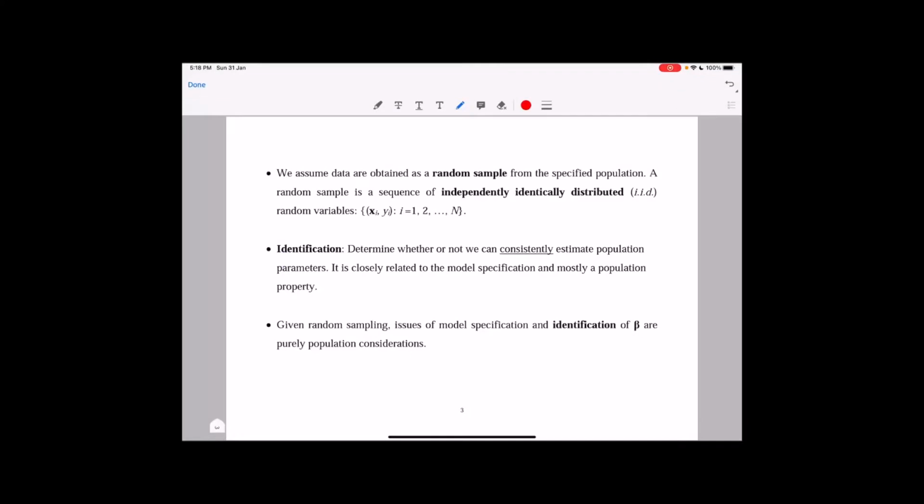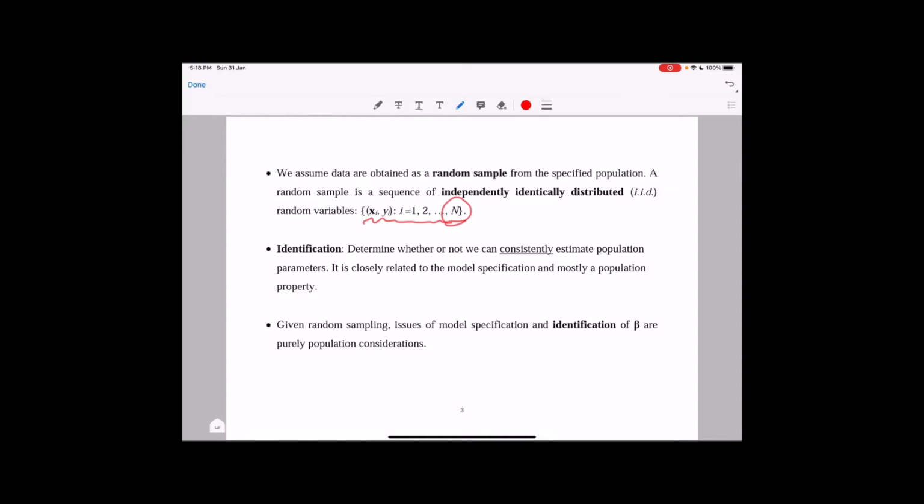We assume data are obtained as a random sample from the specified population. A random sample is a sequence of independently identically distributed random variables. So this is a random sample with sample size n, and we assume that they are IID.